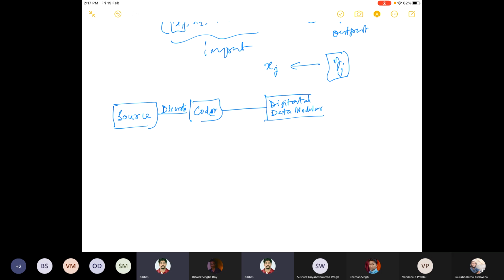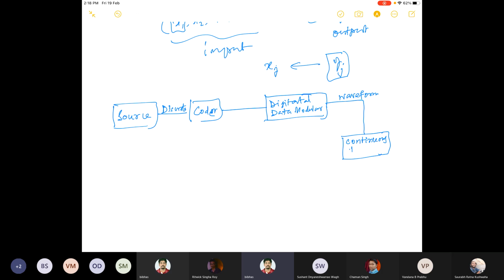Then we have a waveform here, because when I'm transmitting using some communication system like satellite communication, whatever it is, this has to be a waveform. So here we have a continuous time channel.